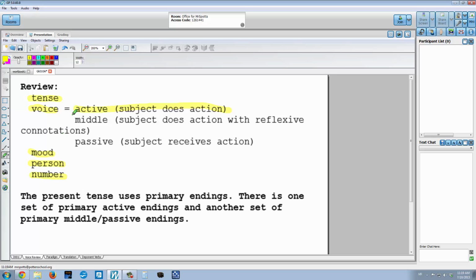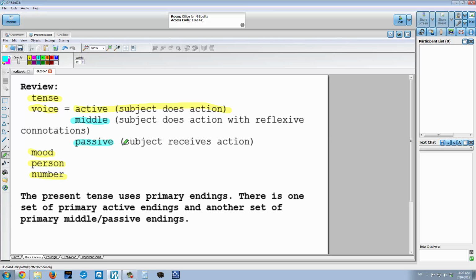Now, what we'll be adding today is the middle voice and the passive voice. Let's do the passive first, because we have that in English. In the passive voice, the subject receives the action of the verb. So for instance, in the active voice, I throw a baseball. I'm the subject, I do the action, throw, and there's a direct object that receives the action.